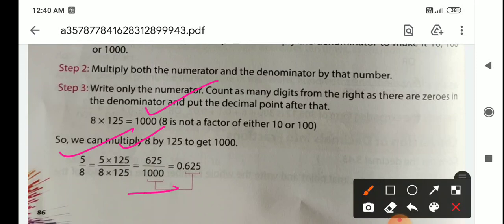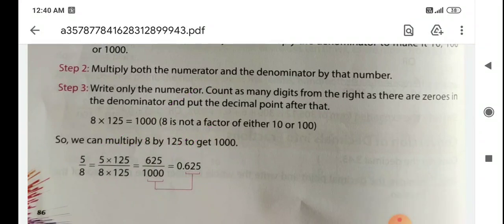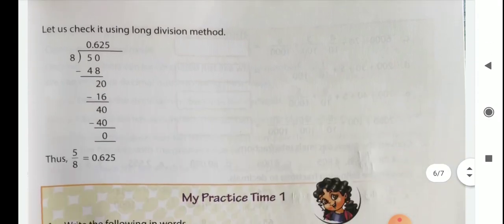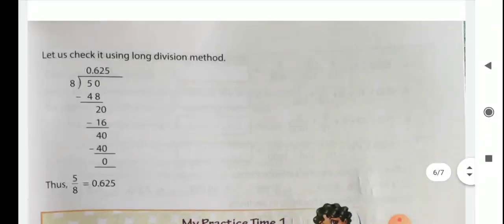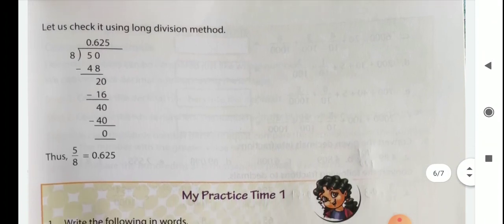Now we can easily convert this fraction to a decimal number. 3 zeros are there, so we put the decimal point before 3 decimal places. Clear? Let us check it using the long division method. By the division method, if you want to check, you can check and you get the same result.